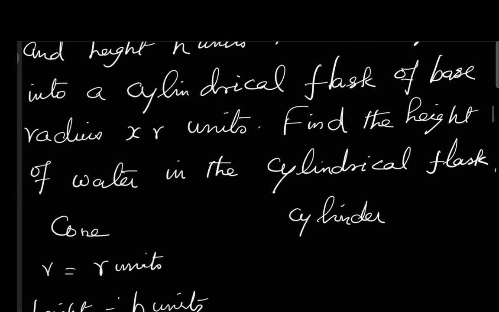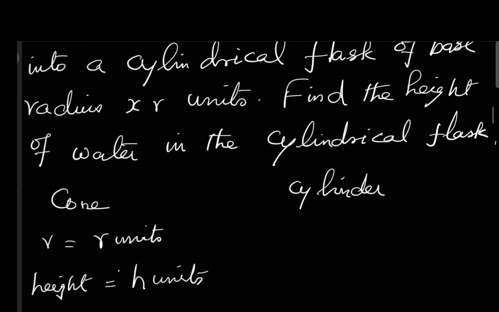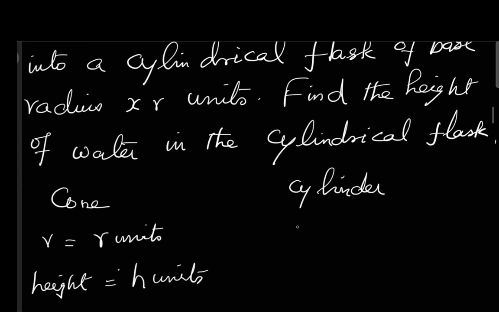And the water full of conical flask is poured into the cylindrical flask whose radius, let me differentiate this radius r from the cone, I mentioned this as r1. r1 is equal to xr units. Find the height of this cylinder, h1. You have to find, question mark.